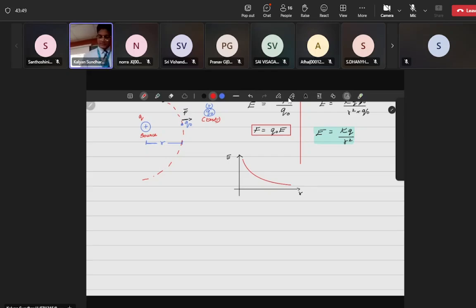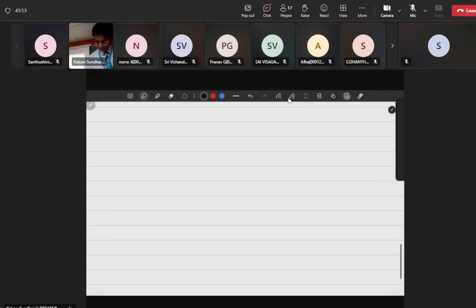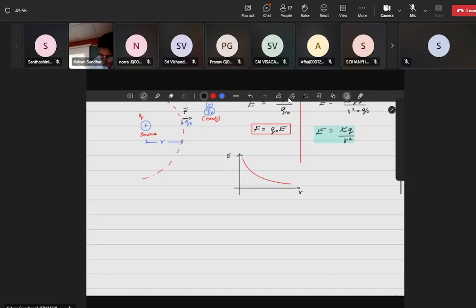And in this case, these electric fields are not common for both the cases.